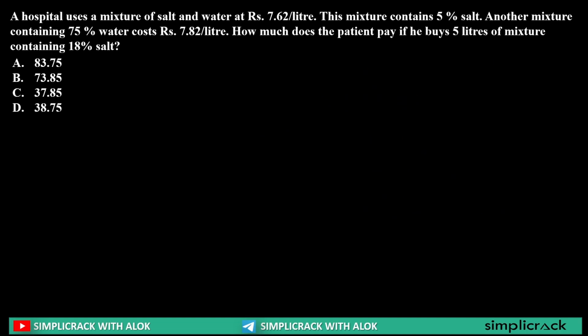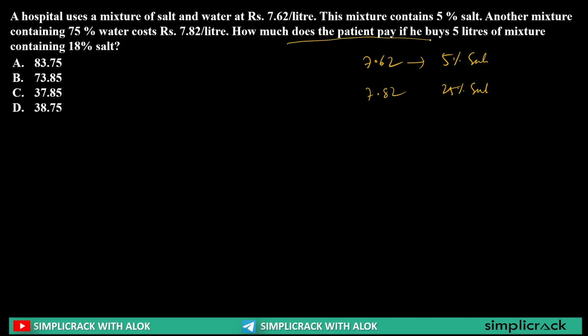Now a hospital uses a mixture of salt and water, priced at 7.62 per liter. This mixture contains 5% salt. Another mixture contains 70% water, that means 30% salt, and the price is 7.82 per liter.